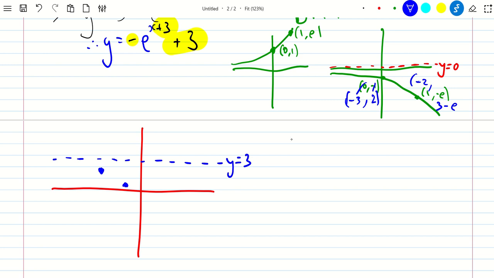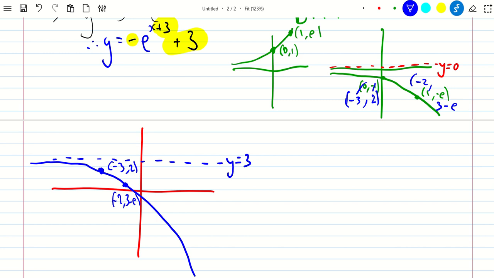So it's going to come up here through those points and continue down like that. We've got y equals 3. I'll just put more points on there. So negative 3, 2, and this point here, negative 2, 3 minus e. It's not accurate, but you get the idea, and that's terrible. I'm going to run out of space there.